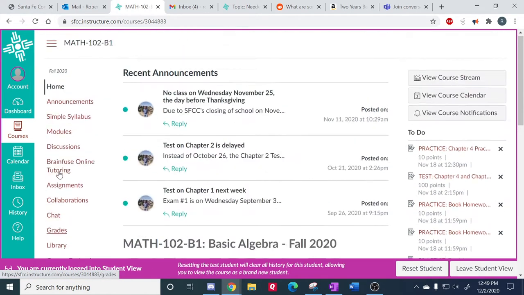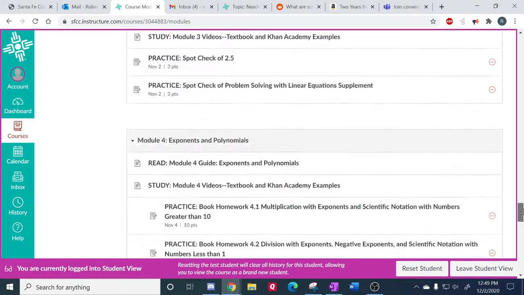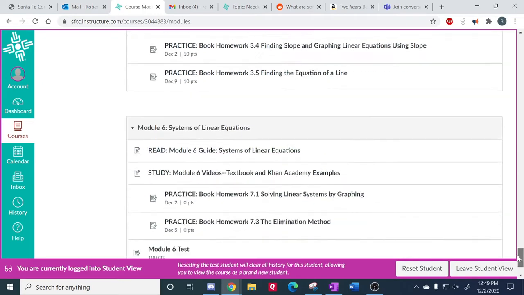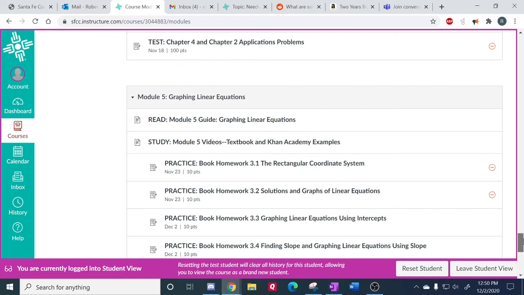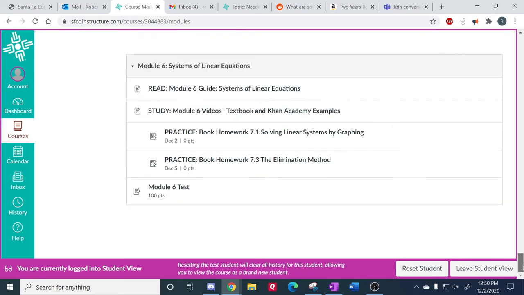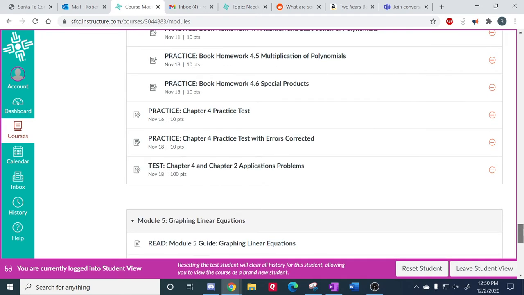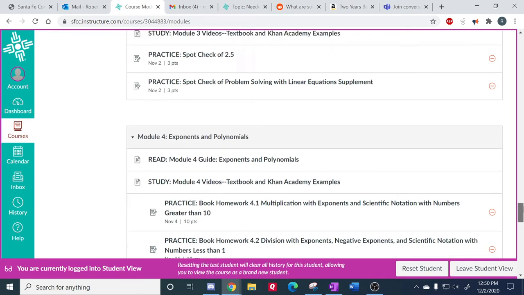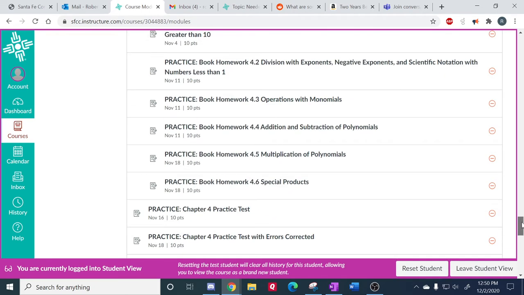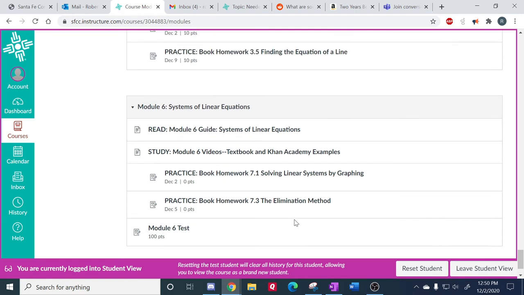Oh no. Let's go to modules. Graphing systems of linear equations. All right. I don't see the final exam up here. All right.